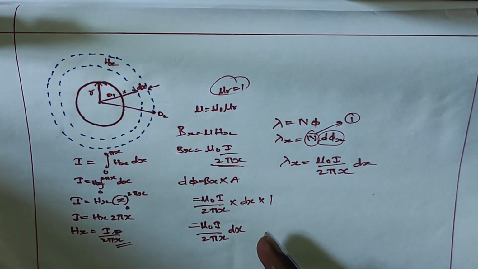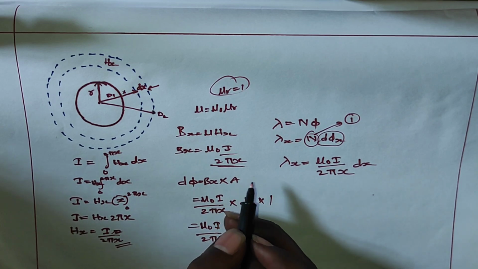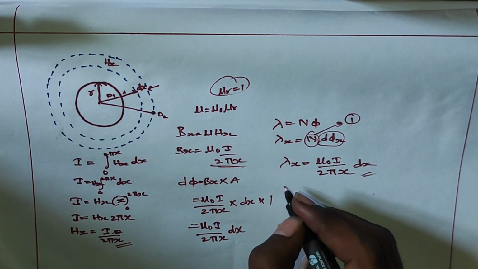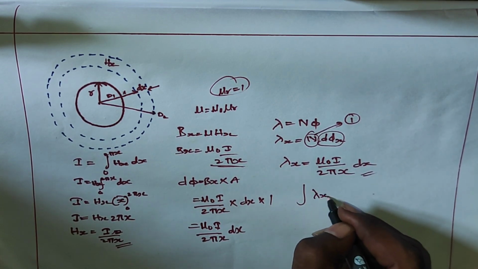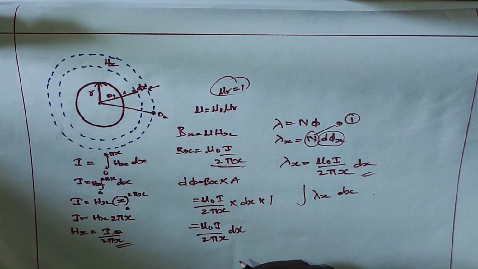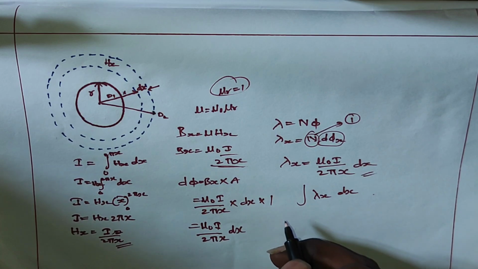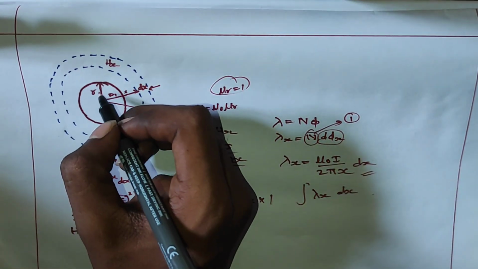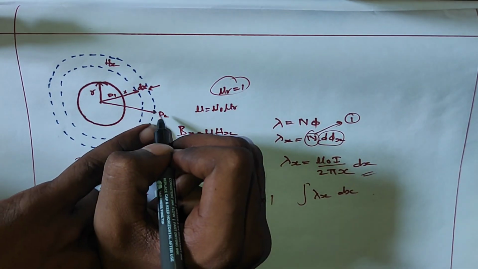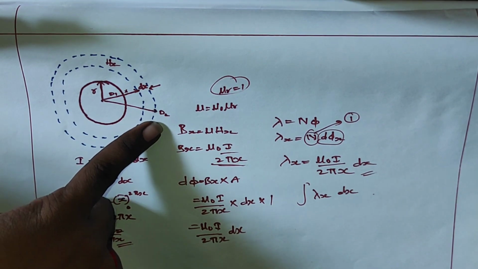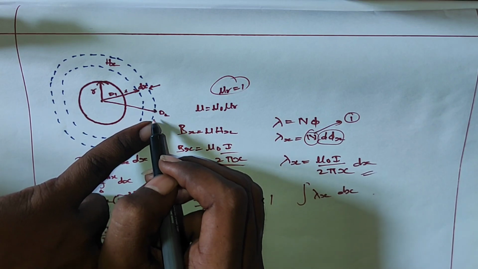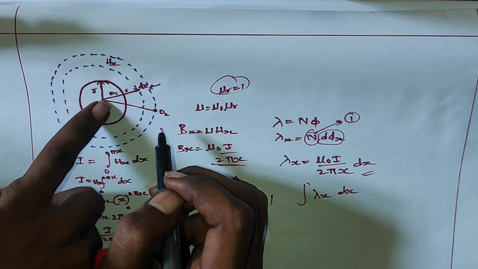But we need to determine the total external flux linkage, so we just need to integrate the value that we have derived. That integration of this whole value with respect to dx will be the total external flux linkage. And from where to where do we need to integrate? This is the radius of the conductor r, and we need to integrate up to a distance of d2. Here this d2, or let us consider this point as d, is a distance that we have considered from the center of the conductor, right?